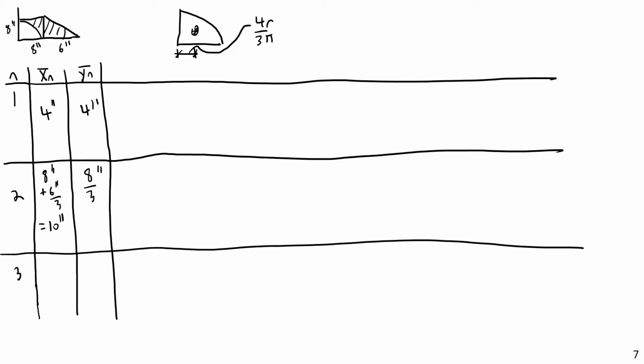And so this whole circle would have a radius of 8. The coordinate of the x bar and the y bar, because this is already positioned right at the origin, we don't need to adjust the coordinates like we did here.